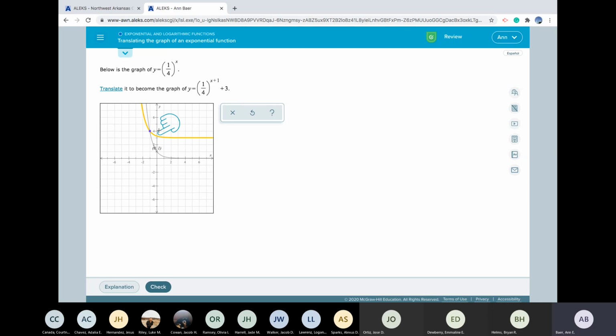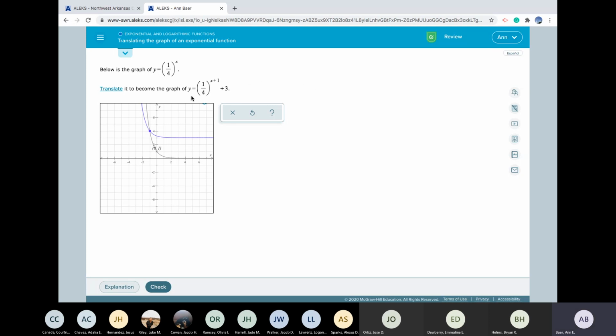So what we want to ask ourselves is, does that ordered pair, -1, 4, satisfy this equation right here? That's how you can get your bars or your bubbles, whatever you want to call them, filled in quicker. It's just a quick check.